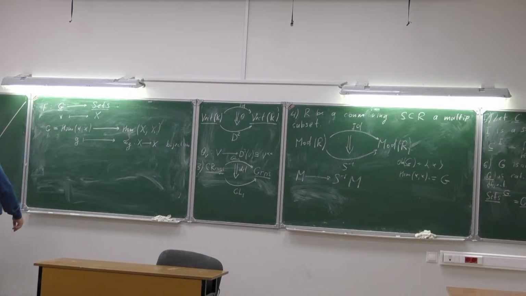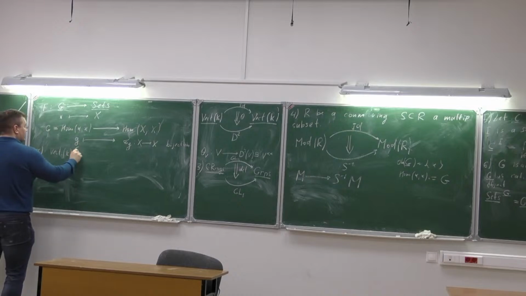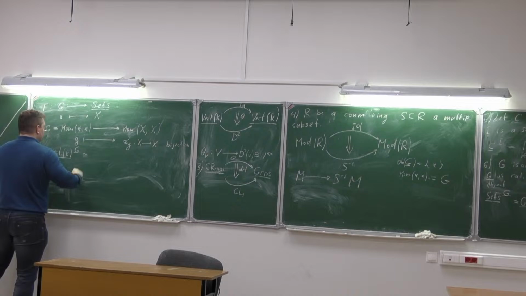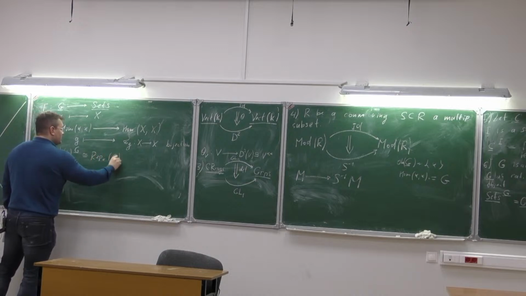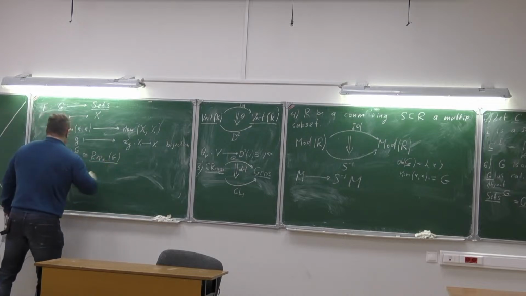One is almost the same, so I'm going to just write the answer. Example 7: you can take the category of vector spaces over K, and consider all functors again from the group G to this category of vector spaces. If you just repeat this argument, you can identify this with the category of representations of G over this given field K.